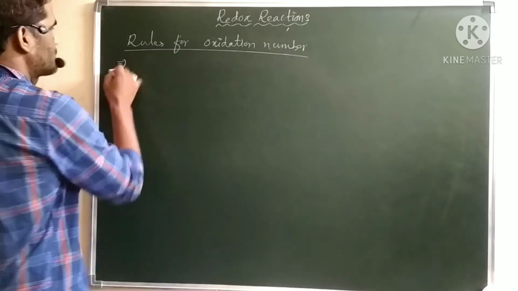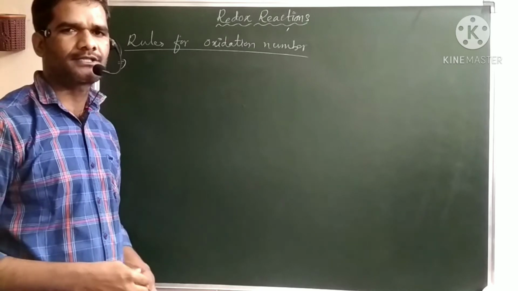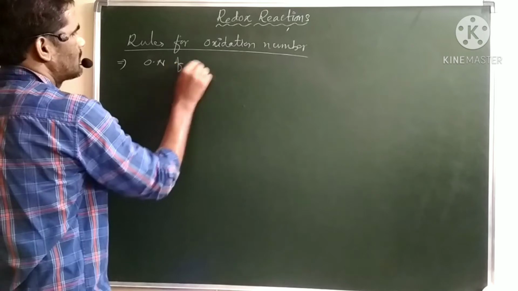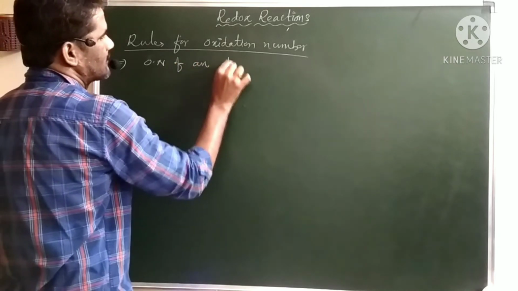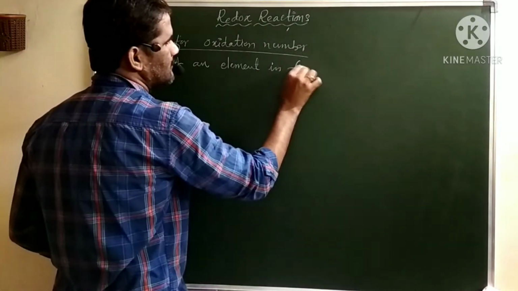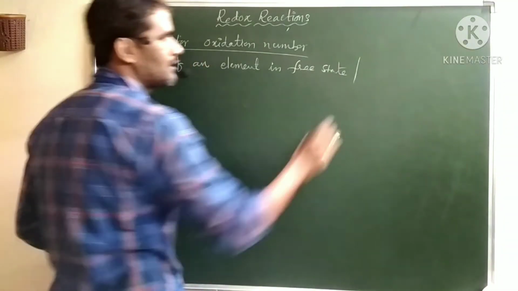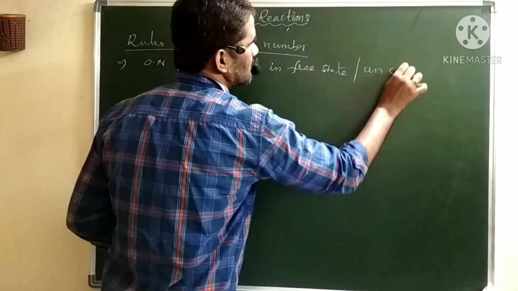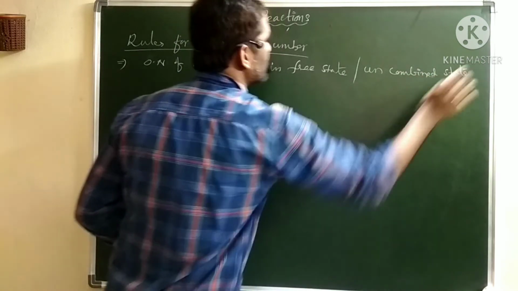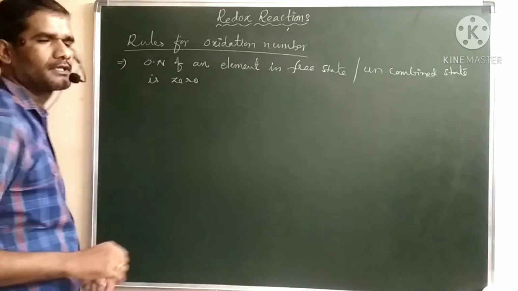The first rule: the oxidation number of an element in the free state or uncombined state is 0. Let us take examples.